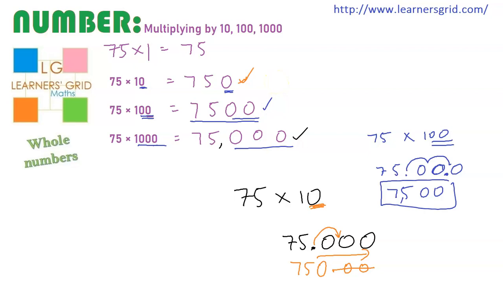And for the last one, we've got 75 times 1,000. There are 3 zeros, so 75.000. I'm going to take this decimal point and move it 3 spaces, because there are 3 zeros in 1,000. So that's 1, that's 2, and that's 3. So the final answer becomes 75,000. And again, that's exactly what we've ended up with over here.